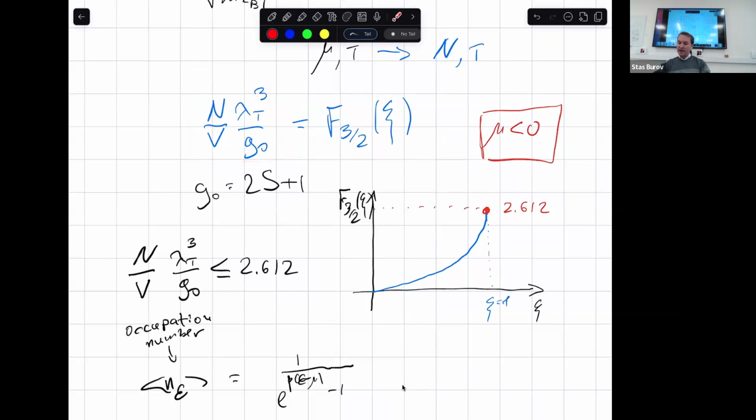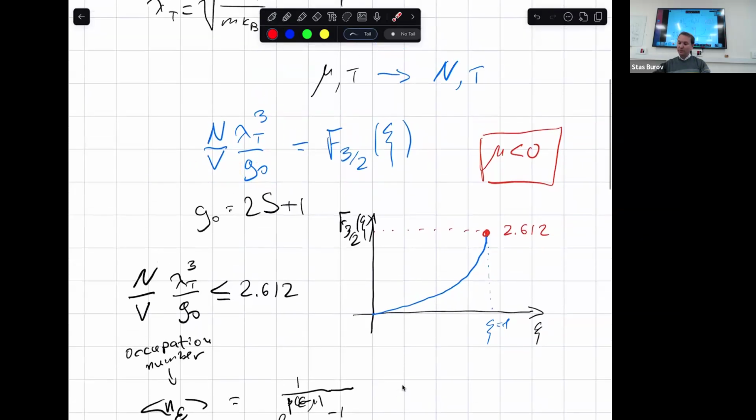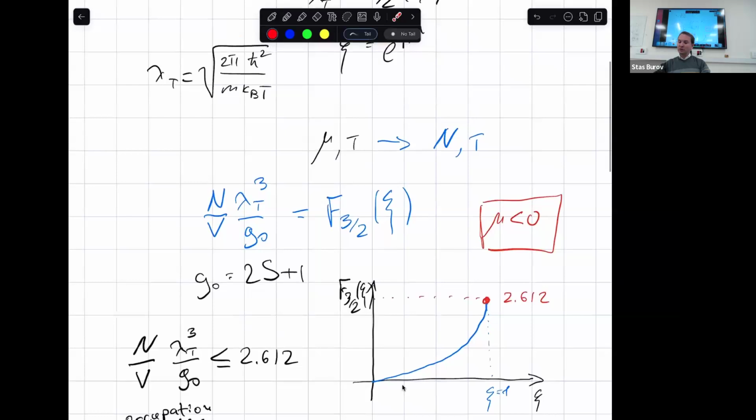What happens? We keep n constant, we keep V constant, g0 is constant, and we lower the temperature. The temperature enters here as 1 over the square root of T, so here stands 1 over T to the power 3/2.